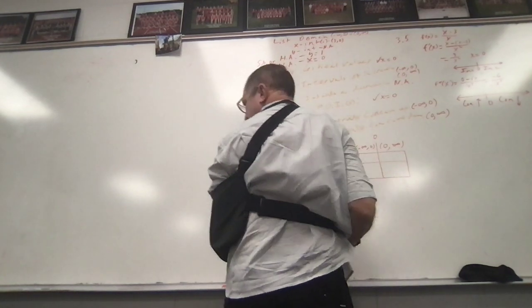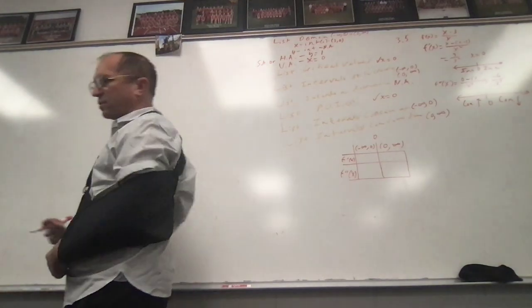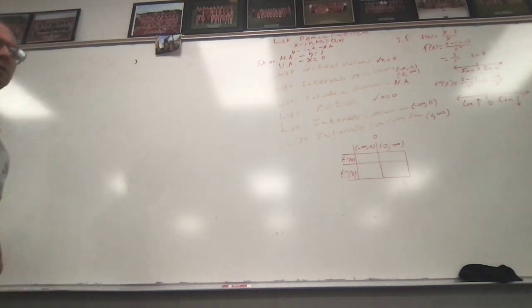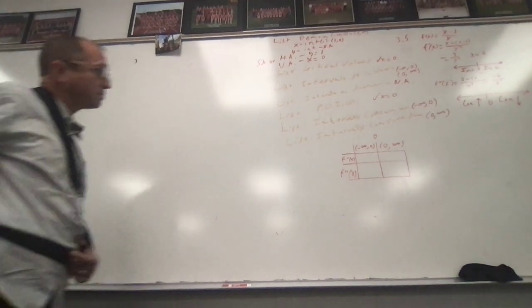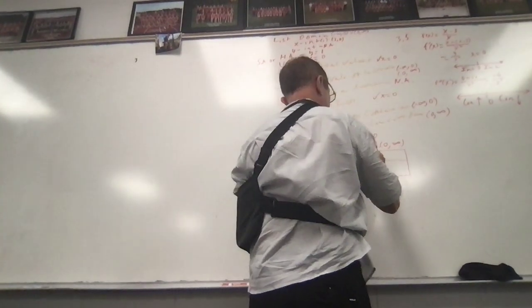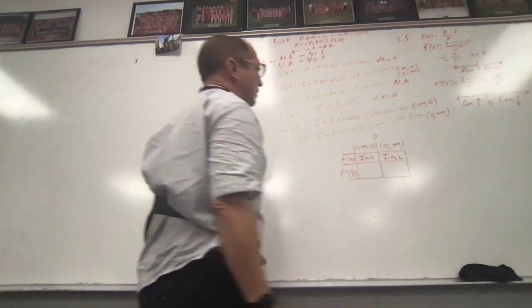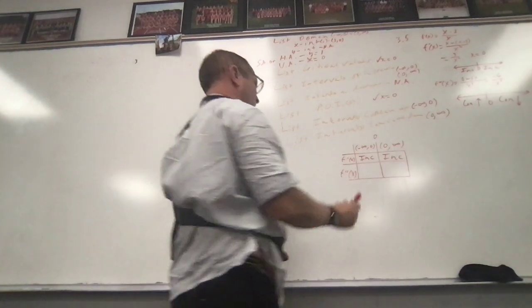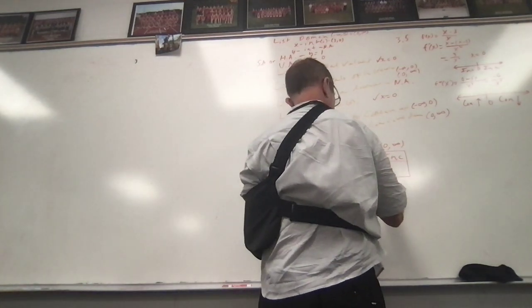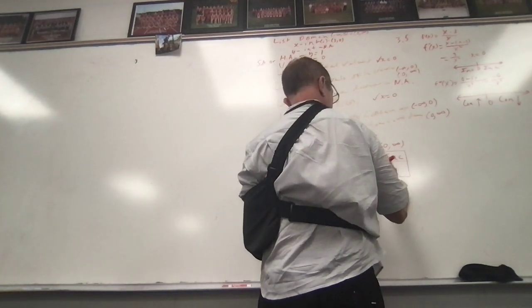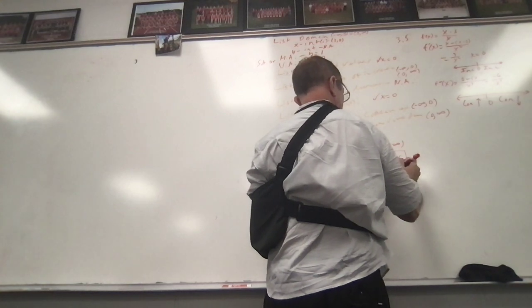Now, what did we say was true as far as the first derivative was concerned here? It's increasing, right? Now this is increasing and concave up. And then this is increasing and concave down.